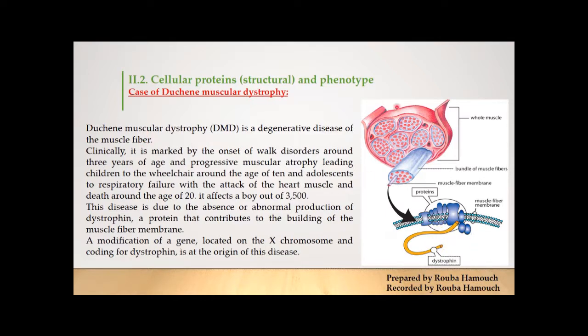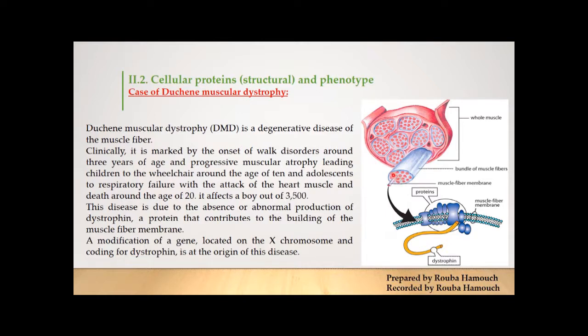Observe this figure. It's the whole muscle. The whole muscle is similar to a nerve. The nerve is formed of a bundle of nerve fibers, and the muscle is formed of a bundle of muscle fibers. So one muscle fiber is the muscle cell. So the muscle fiber corresponds to the muscle cell.